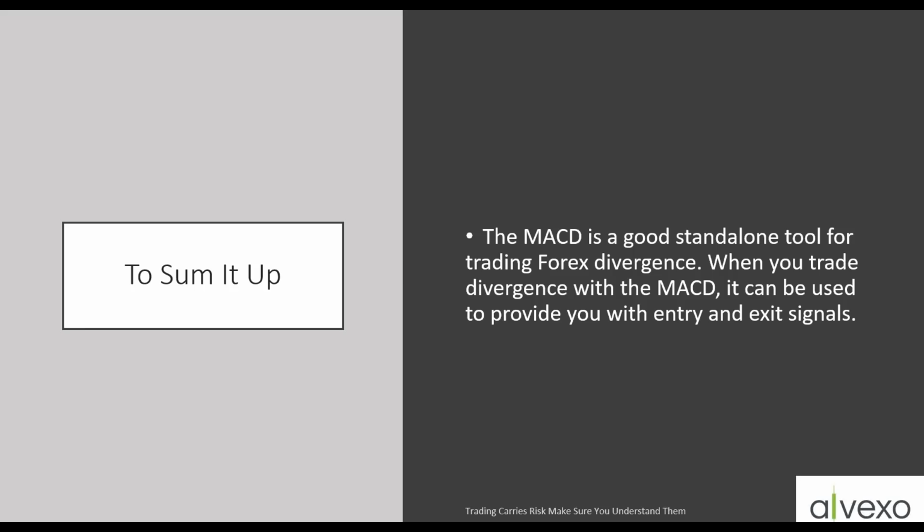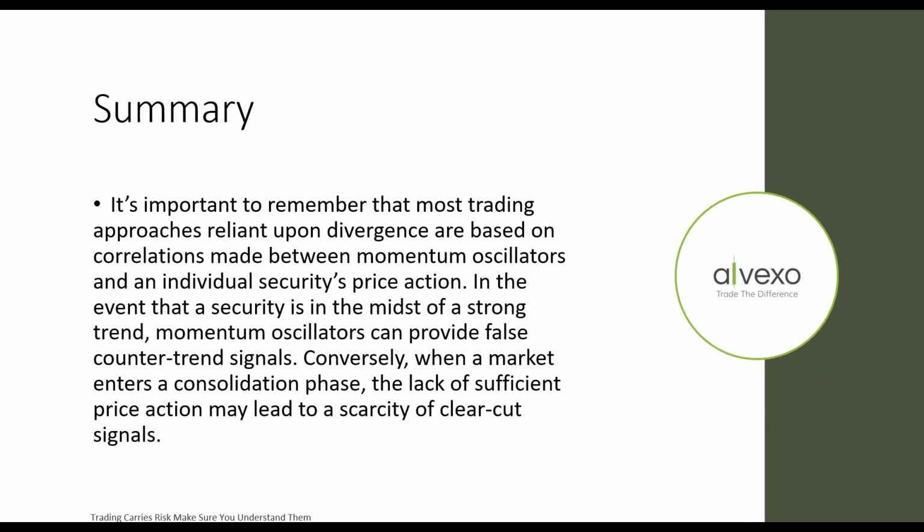The MACD is a good standalone tool for trading Forex divergence. When you trade divergence with MACD, it can be used to provide you with entry and exit signals, or what we call transaction signals. It's important to remember that most trading approaches reliant upon divergence are based upon the correlation between momentum oscillators and the individual security's price action.